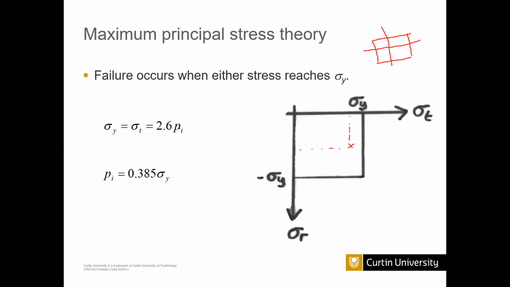You don't worry, because PI and they put the 2.6 this side. So 1 upon 2.6 will give this value. So you can reach the maximum value for the PI if you know the yield strength. Assume you have yield strength as 1,000, then you can only apply on this cylinder an internal pressure of 385.